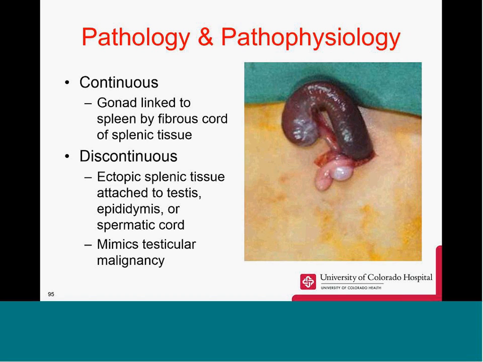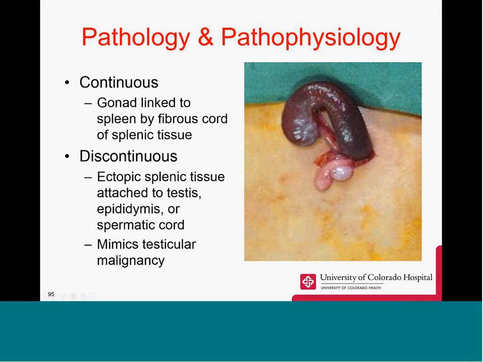So the continuous type is where there remains a connection between the main spleen and the gonad, and discontinuous is where ectopic splenic tissue is attached to the gonad, but no connection to the orthotopic spleen. The discontinuous can mimic testicular malignancy.